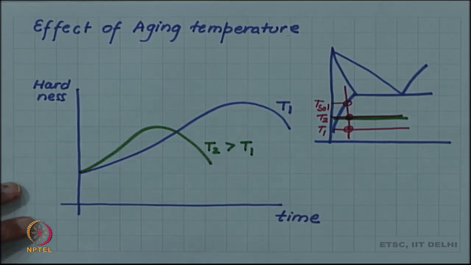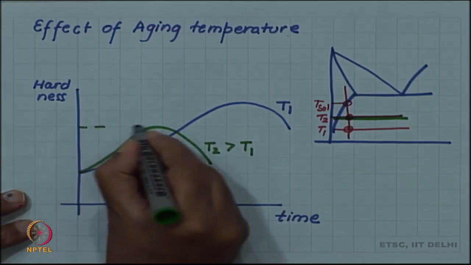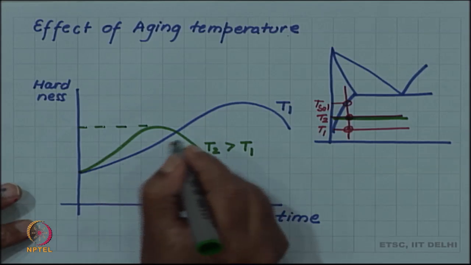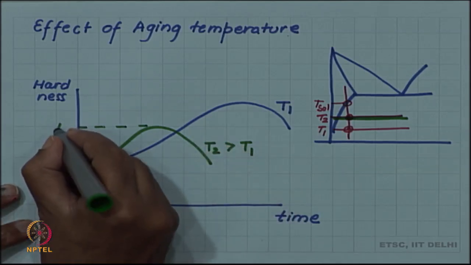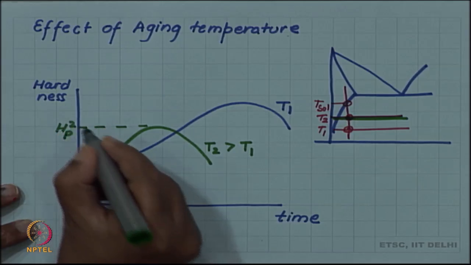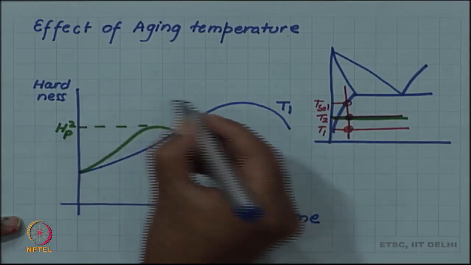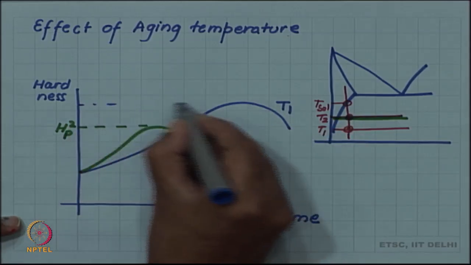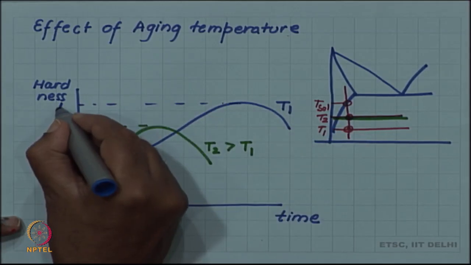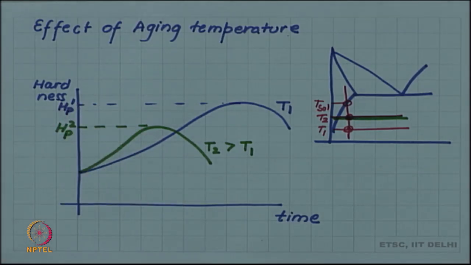Peak hardness is reached in a shorter time, but at the same time the value of peak hardness has also reduced. So, HP2 is less than HP1.